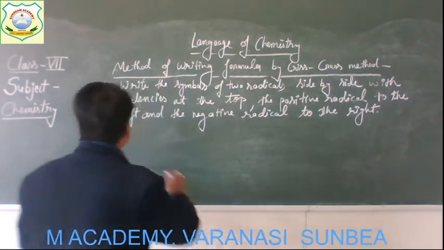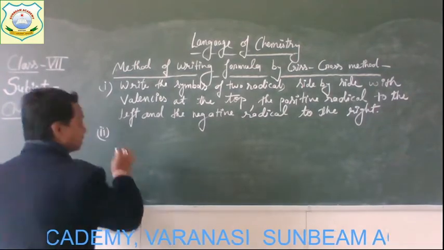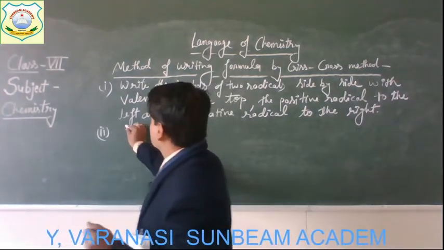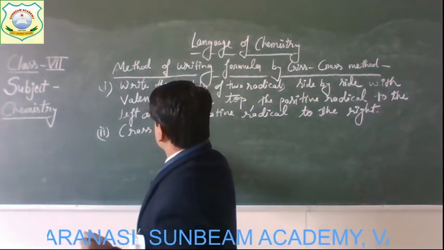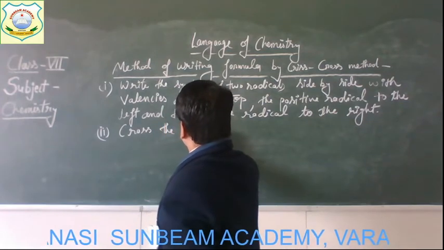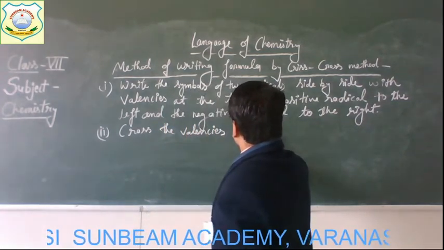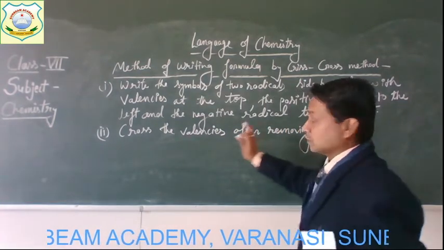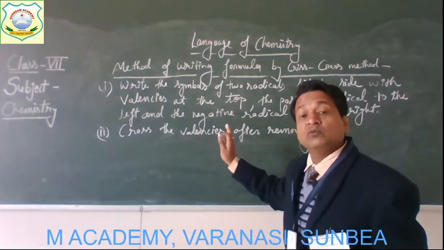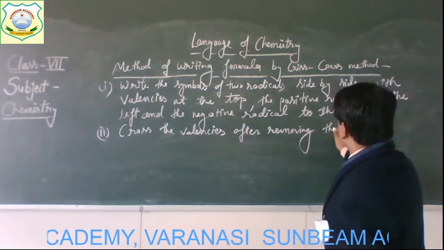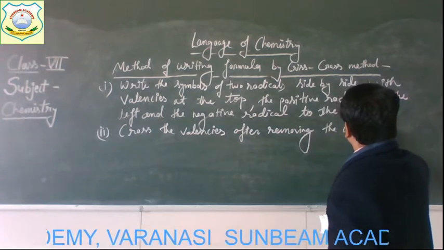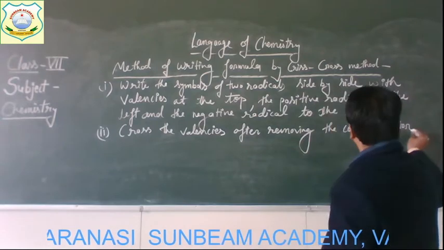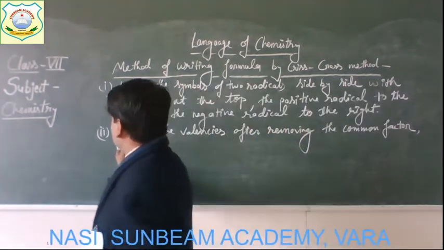Now the second step is to cross the valencies after removing the common factor, if that common factor is there.